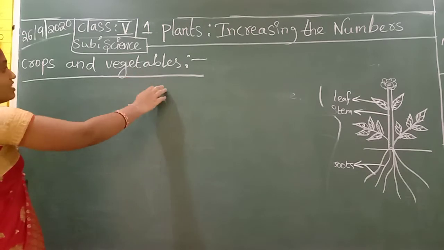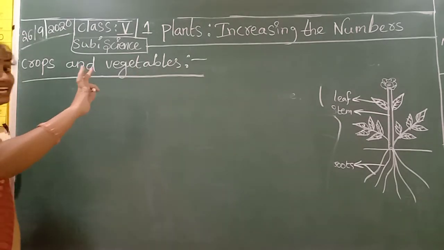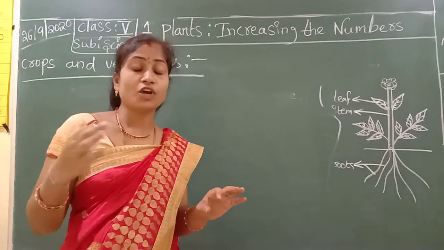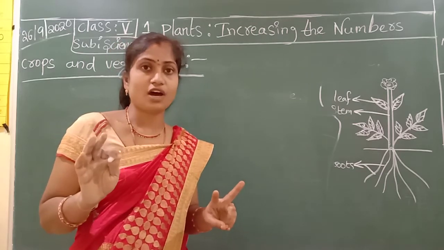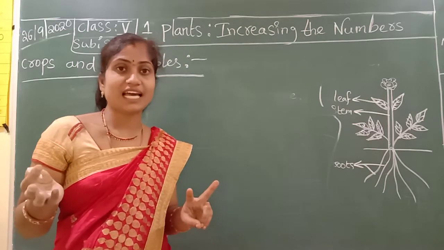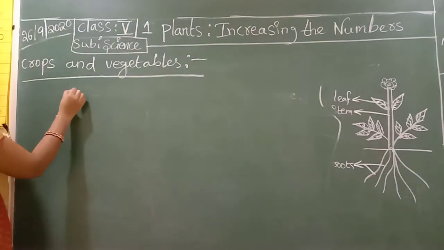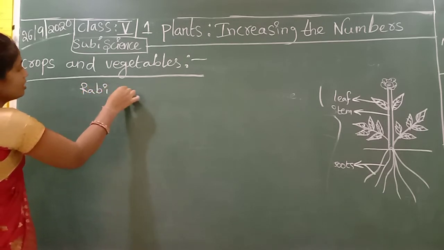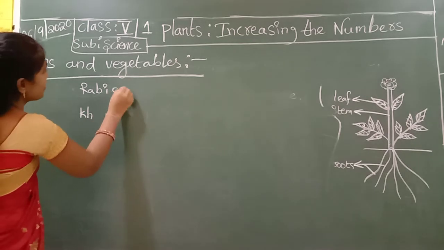So crops and vegetables. First of all, yearly mostly farmers grow their crops two times. First one, Rabi. Next, Kharif. Rabi crops, Kharif crops.